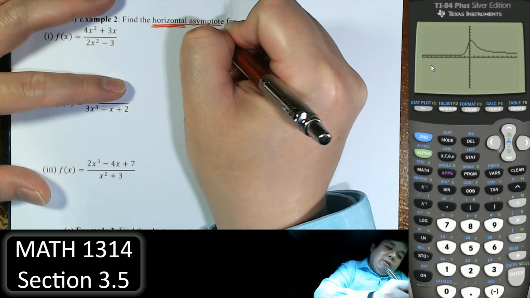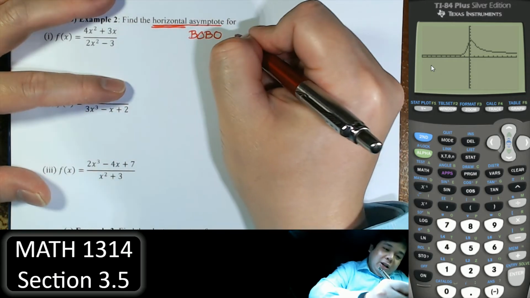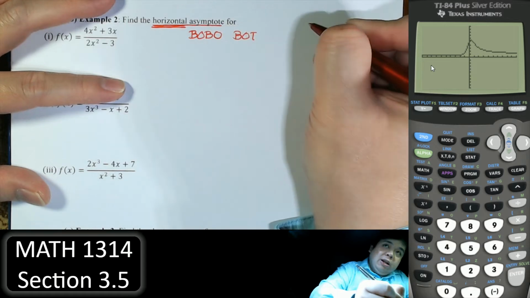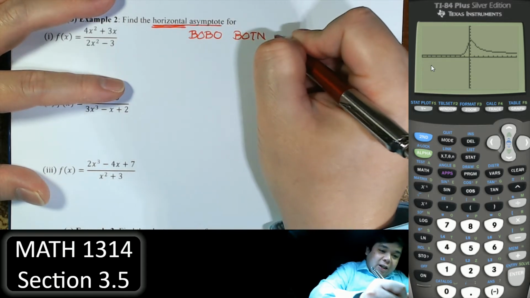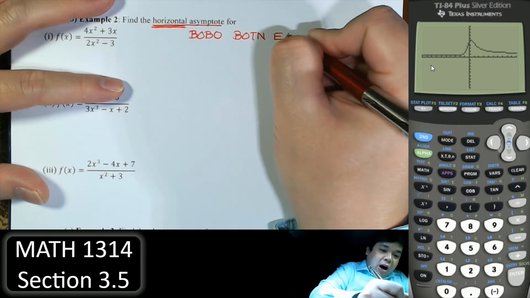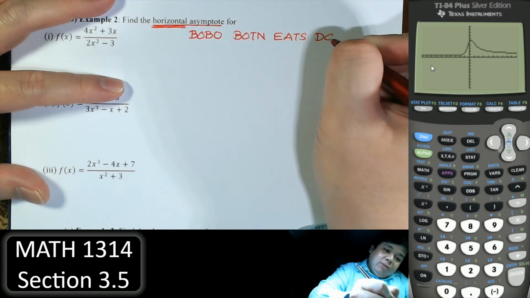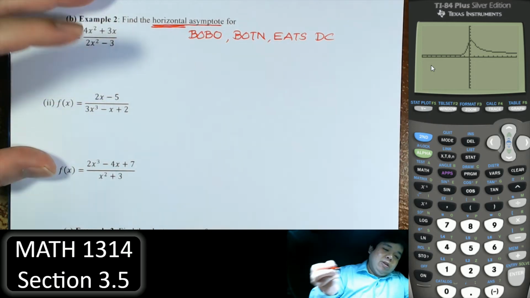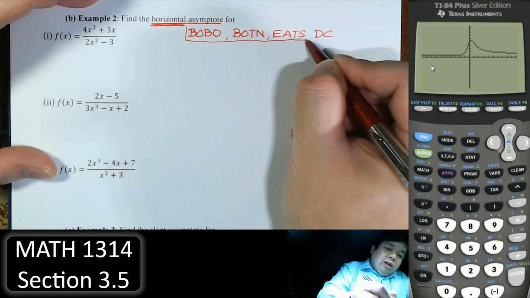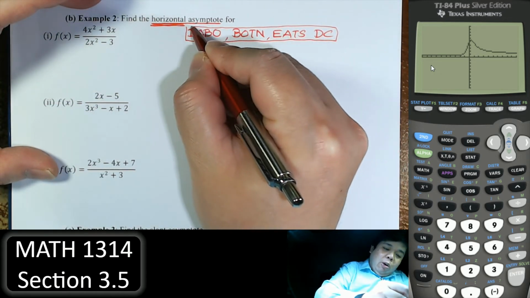Bigger on the bottom, y equal to 0. Bigger on the top, there's none. Exponents are the same, divide the coefficients. Right, so that's what we use for the horizontal asymptote.